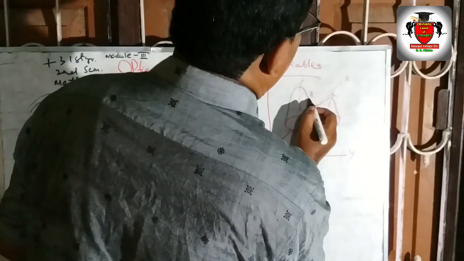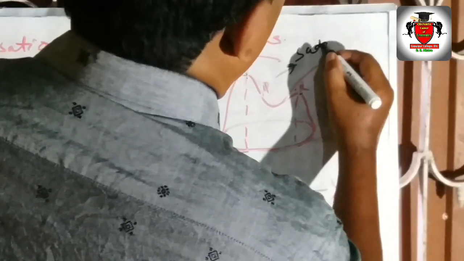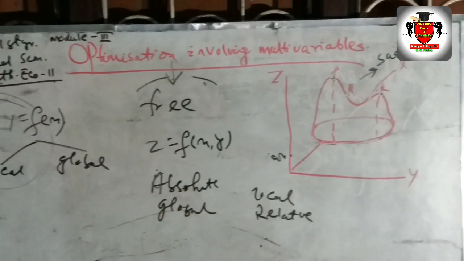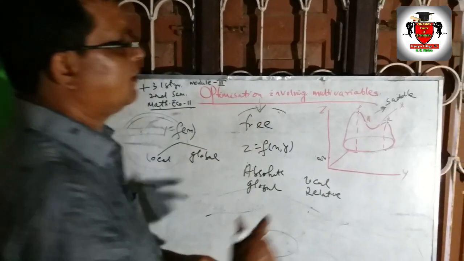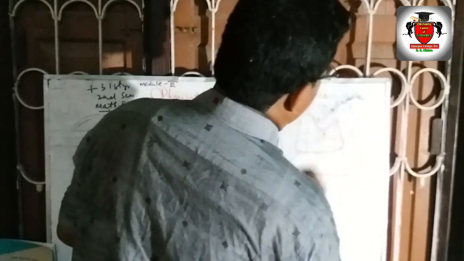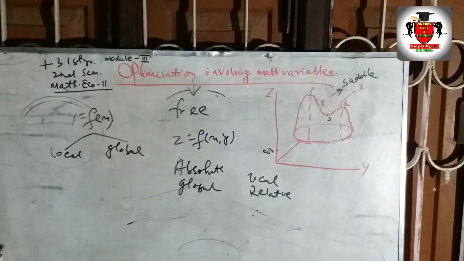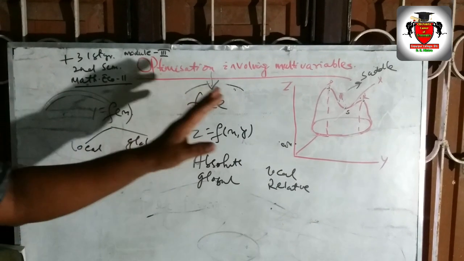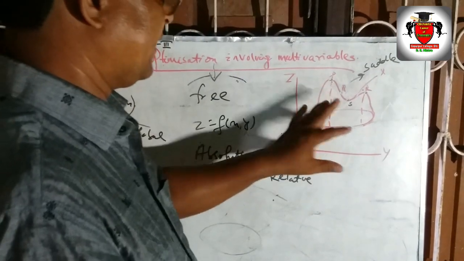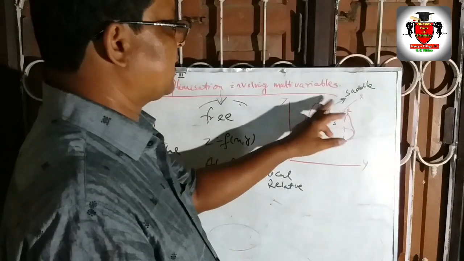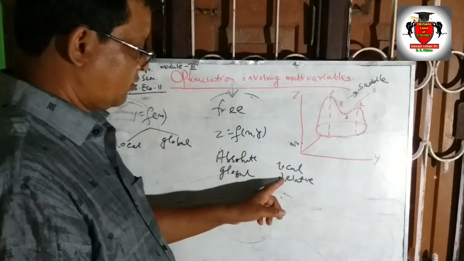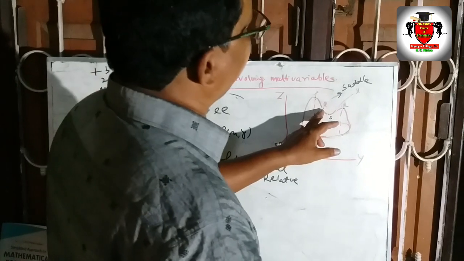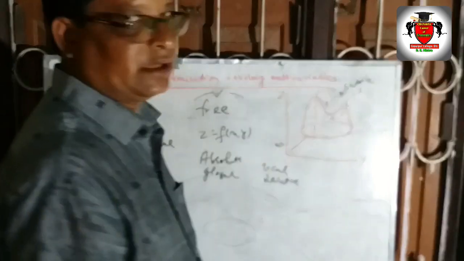Q is the saddle point here. What we called the point of inflection in y equal to function of x is called the saddle point here, and here another point S is the minimum point. So now we are clear about the 3D diagram and the points of maximum P and R, which may be global or relative or local, and also the saddle point and the minimum point.